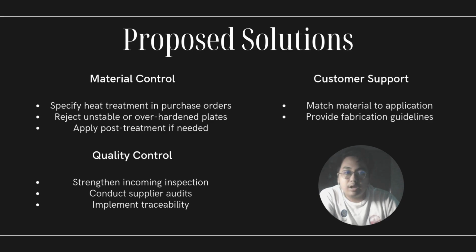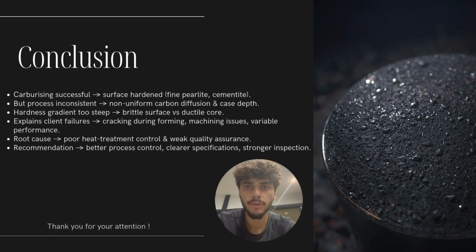This traceability system can help to track the plate quality. Finally, ABC Engineering itself should provide customers with the right material for their application, along with proper machining, welding, and bending guidelines.